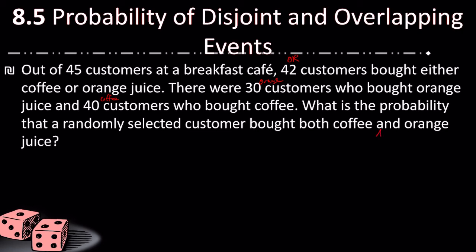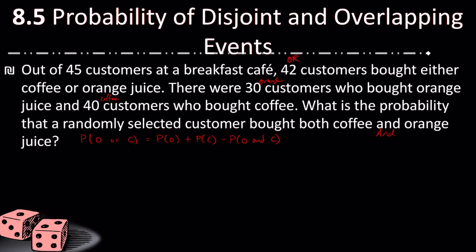So we're looking for the and. We could say the probability of orange or coffee would equal the probability of orange plus the probability of coffee minus the probability of orange and coffee.